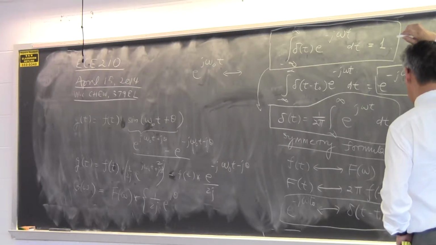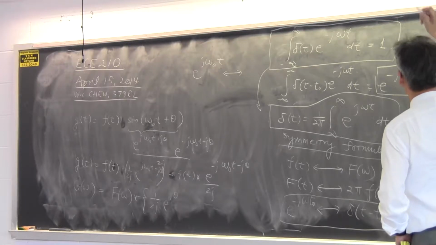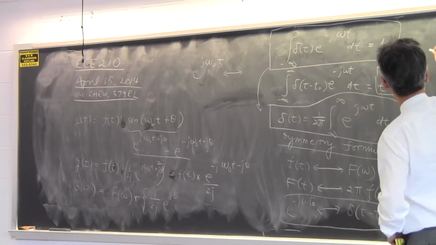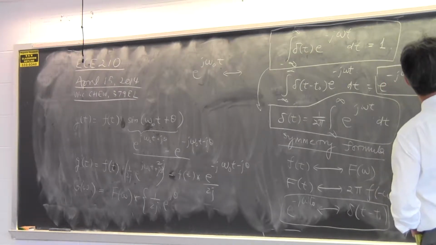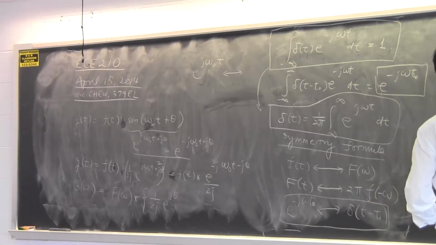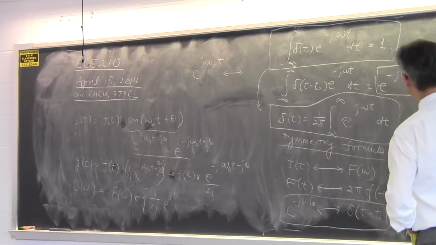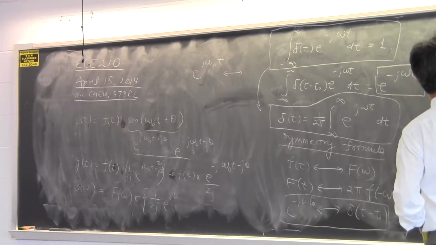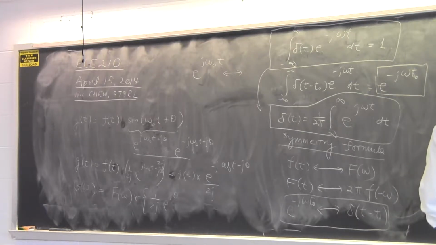I can actually say this to begin with: delta(t) Fourier transforms to 1. So 1 Fourier transforms to 2 pi delta of omega. Okay, if this is true, this must be true, using the symmetry formula that I have over here.